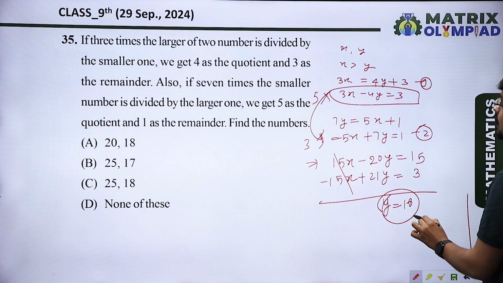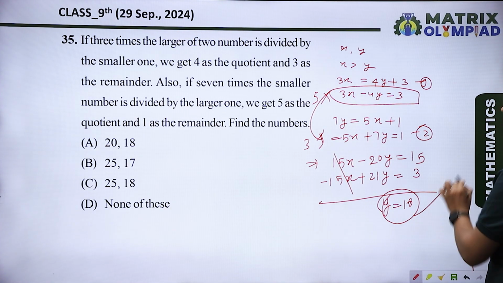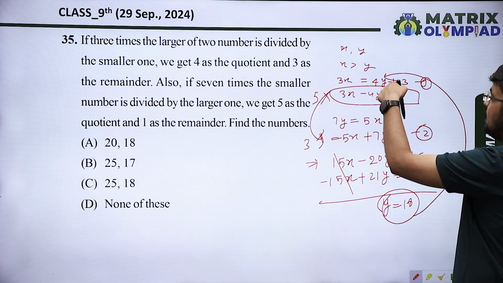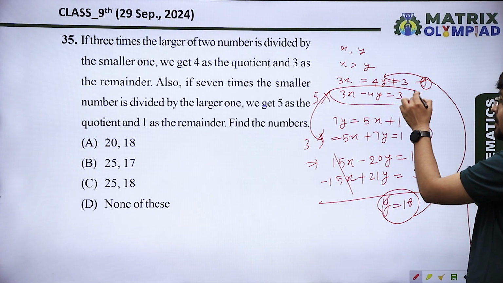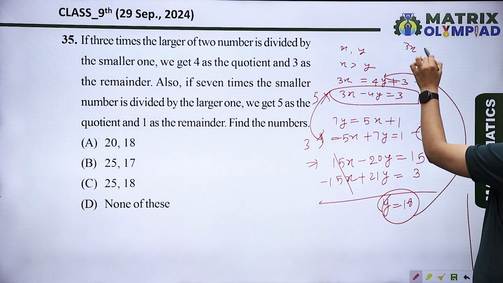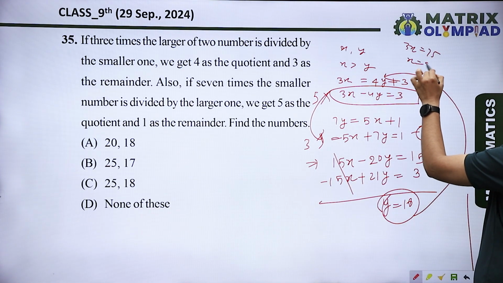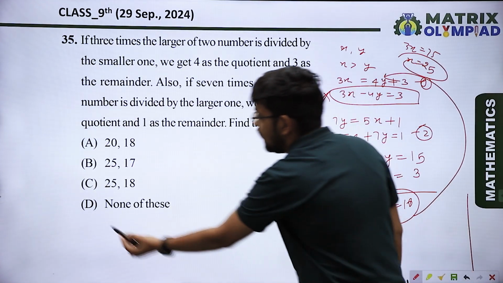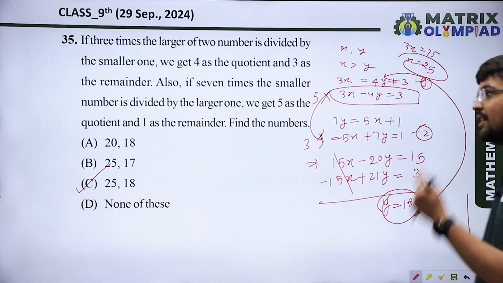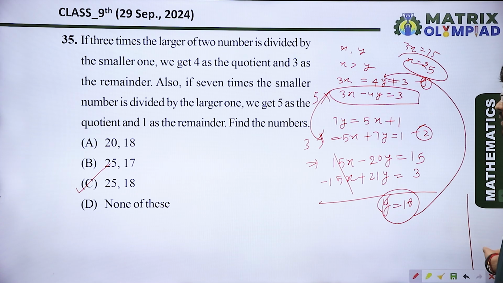So put y equals 18 in this equation, you will get 72 plus 3, 75. So 3x equals 75, so x equals 25. So the numbers are 25 and 18, option C is the correct answer.